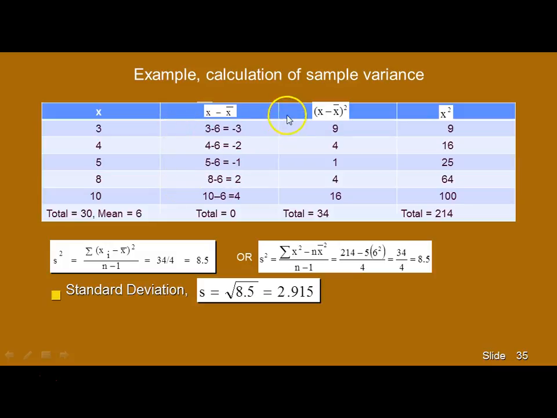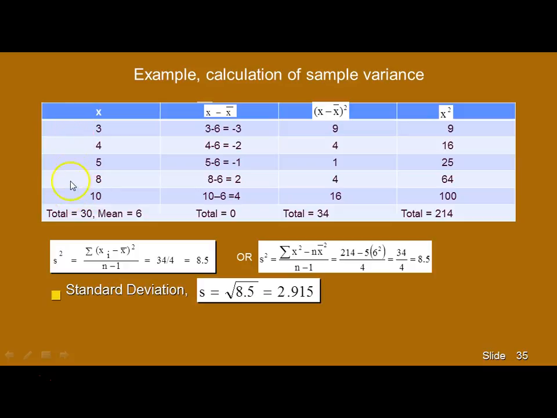Then we have to square all those deviations. Again, I'm using the first formula initially. Square all those deviations and you will get 9, 4, 1, 4, and 16, which adds up to 34. So if you want to use the first formula over here, the numerator is 34, the denominator n minus 1 will be 4, sample size minus 1.